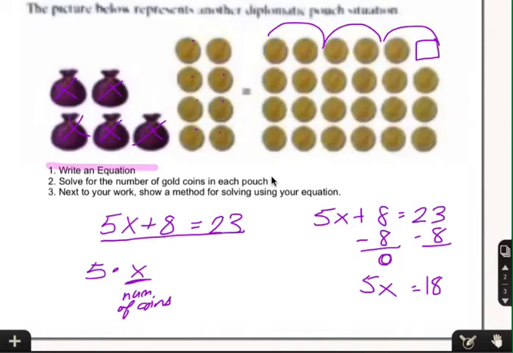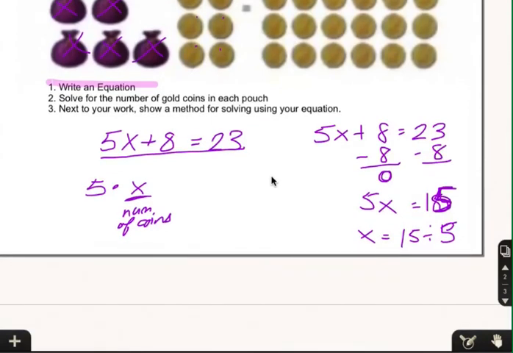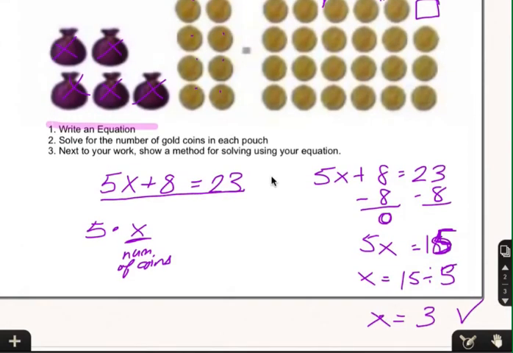How many coins are going to be in each of those pouches? X equals 15 divided by 5. Therefore, X equals 3. So that's how I would write the equation and solve for this particular problem.